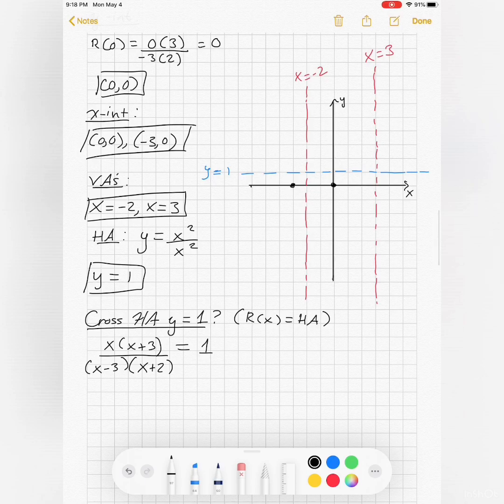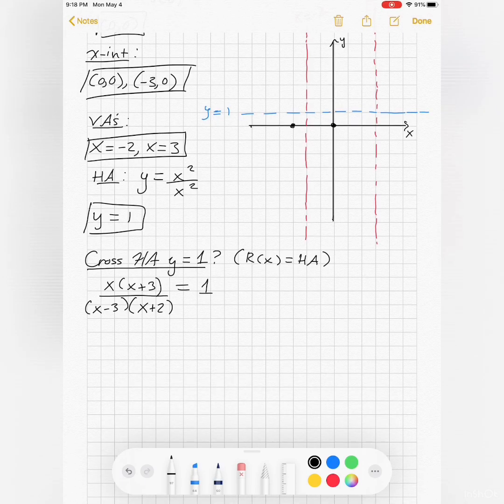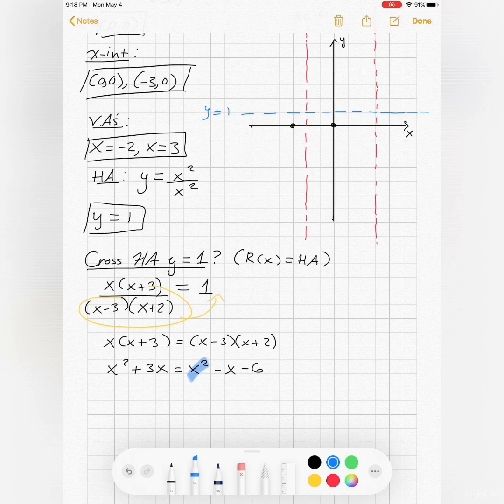Okay, and then I have to solve. So let's clear the fraction. So it's 1 times x minus 3 times x plus 2. Combine like terms, add x.